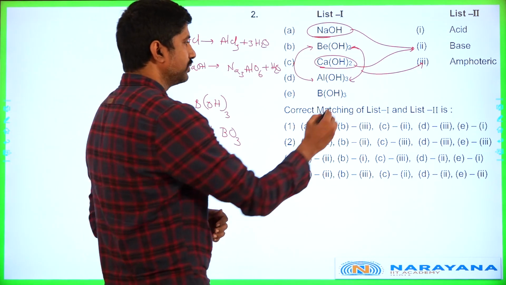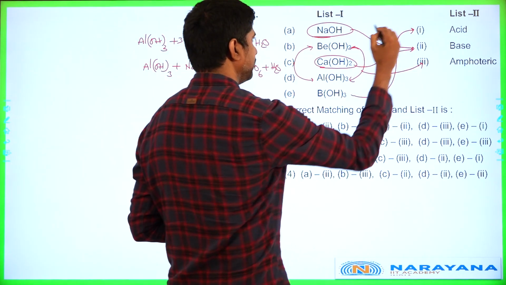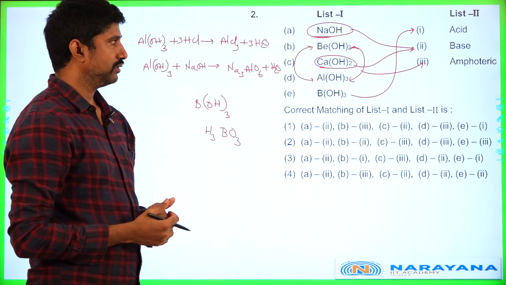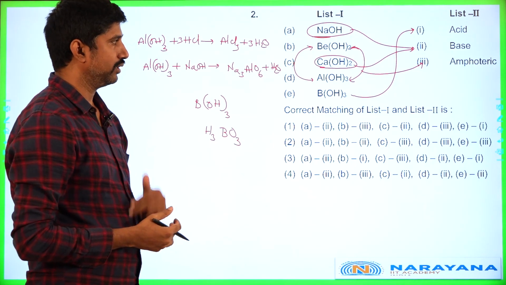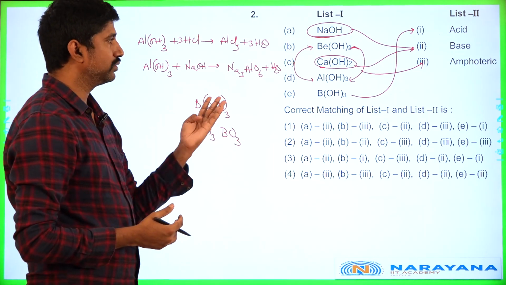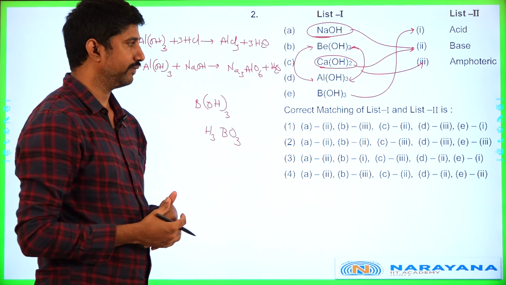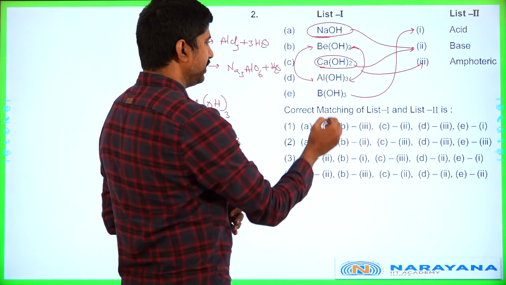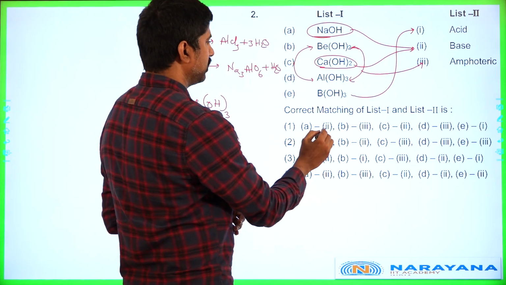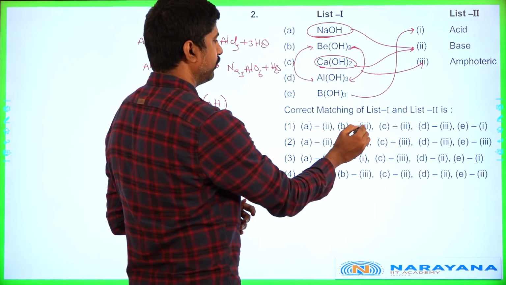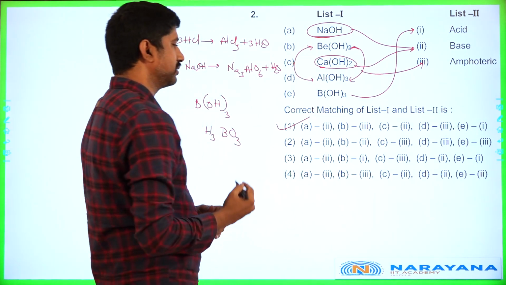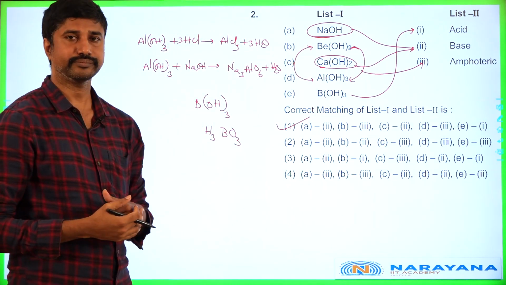So we can say boric acid is an acid. So the first one is base, the second is amphoteric, the third is base, the fourth is again amphoteric, and the fifth is acid. If you verify the combinations, the answer will be option 1.